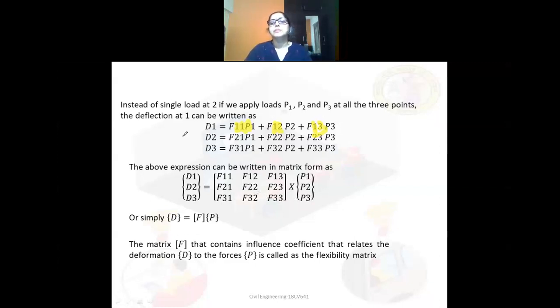In general, the equation can be written as displacement is equal to flexibility matrix F into force P. Here the matrix F contains the influence coefficients that relate displacements and forces. Hence it is called a flexibility matrix.